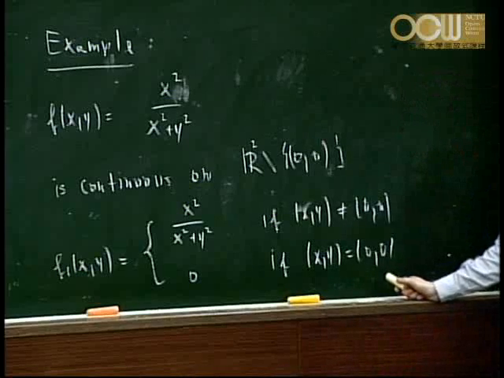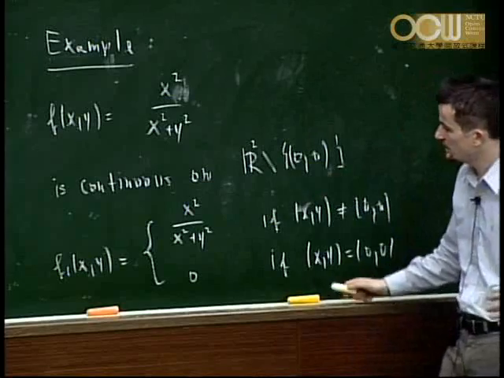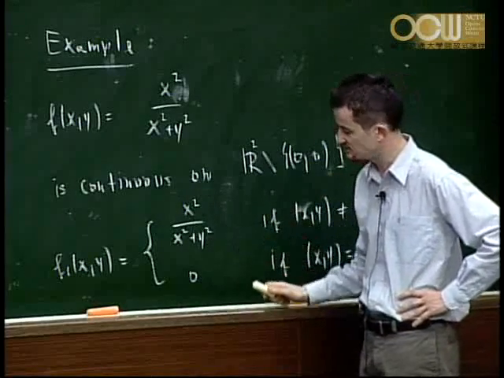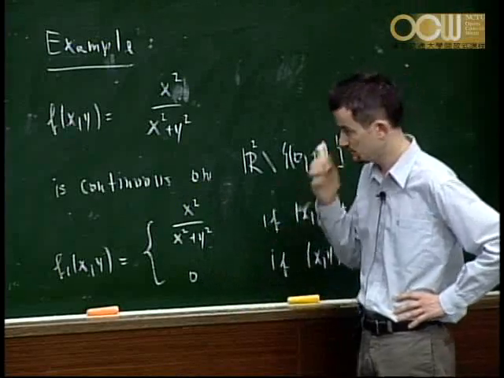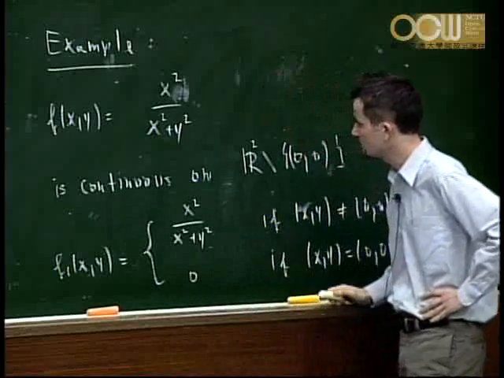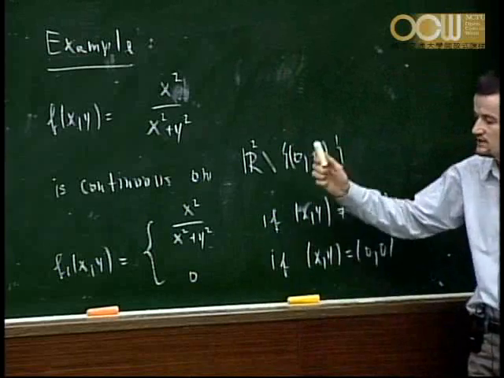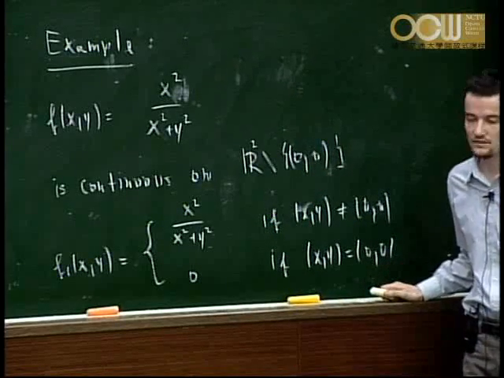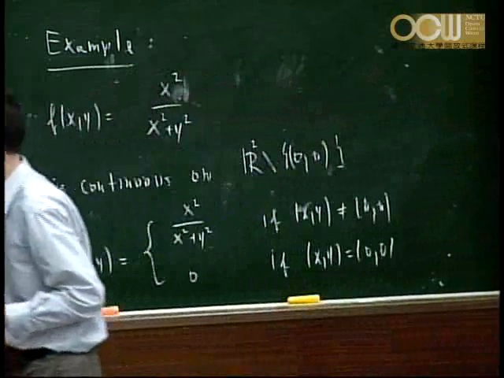This function is also continuous away from the origin, but we know that if (x,y) approaches the origin, the limit does not exist. So now, of course, the difference is that the function has as domain all points in the plane, but this function is not continuous at the origin. This is pretty similar to what we have seen last semester.